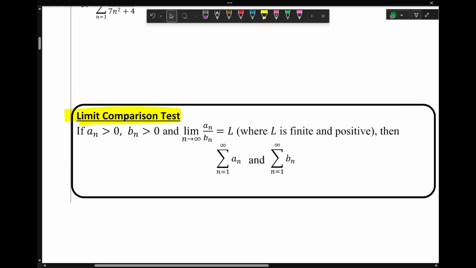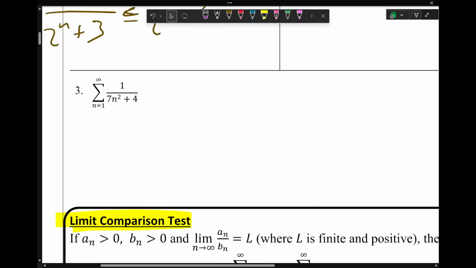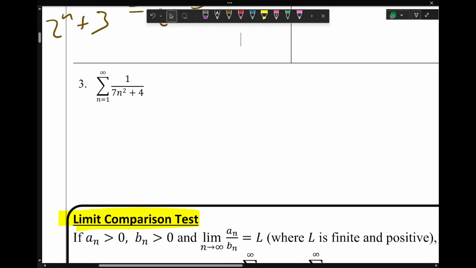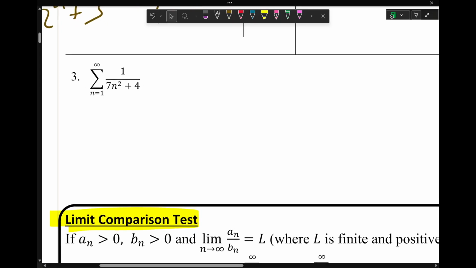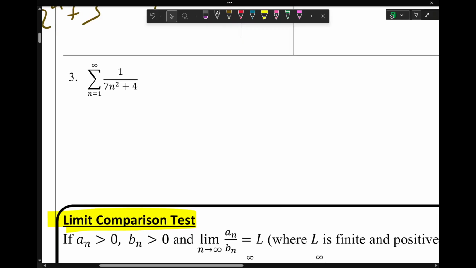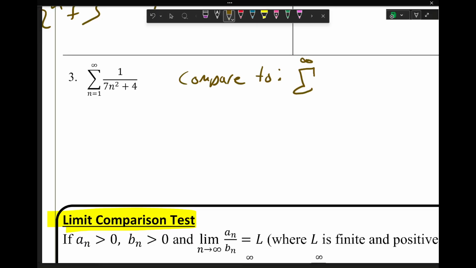Okay, look at question 3. What do you think? So, to know what to compare it to, some of it is that it takes a little bit of experience. Some of it is that it's just hard sometimes. But you can also look at this and start to figure out what the important parts are.